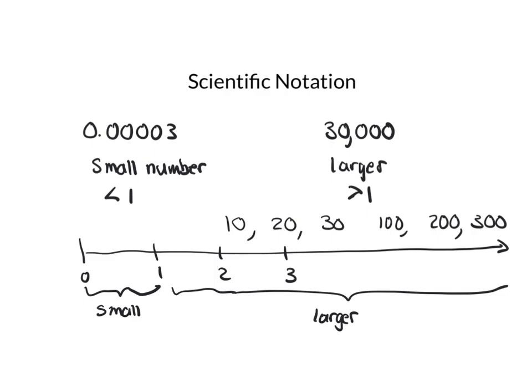However, as we start getting larger and larger numbers with more and more zeros after the first digit, or more and more zeros after the decimal place, then we might want a different notation so that we don't have to write down all of the zeros or all of the decimal places. To write very large or very small numbers, scientists use scientific notation.